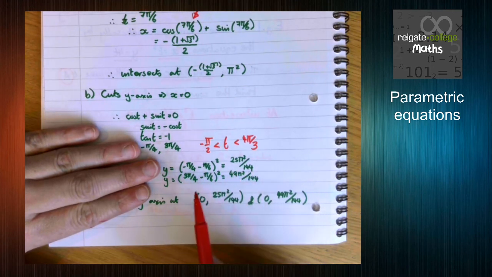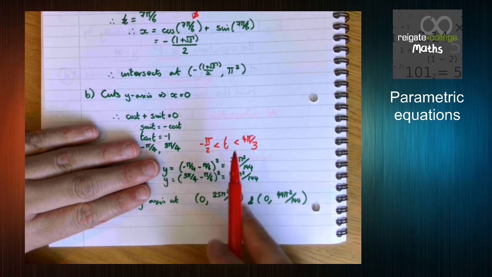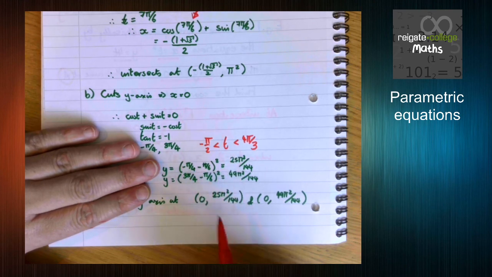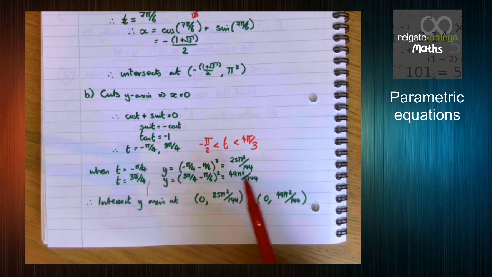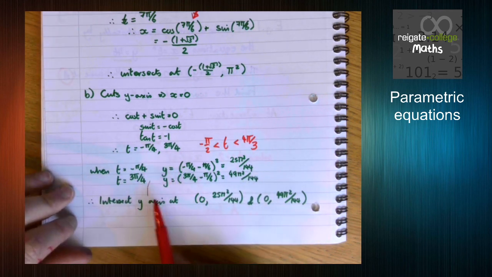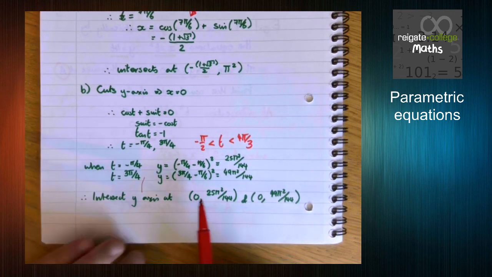Not tremendously, I'm aware, but if this equation is even remotely more complicated, you're going to start running out of space and it's going to get messy. So I would always advise writing down here when t equals something, and do the calculations from that. And don't forget to answer the question at the end.